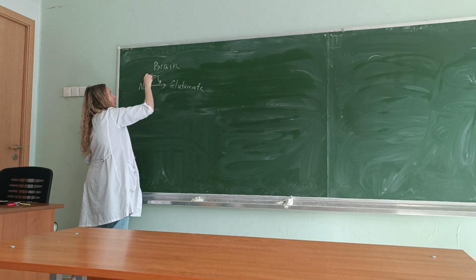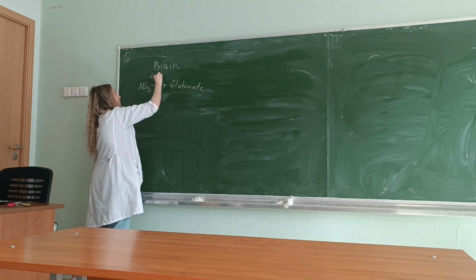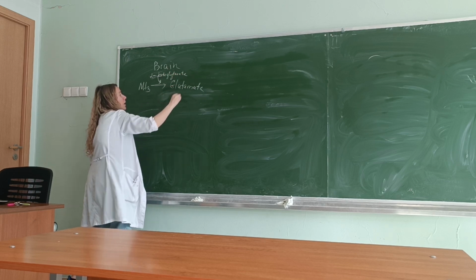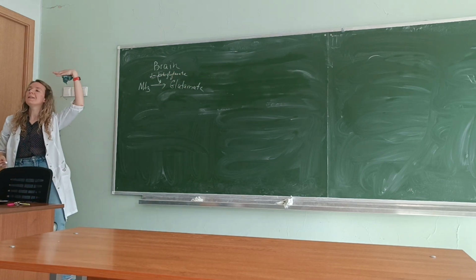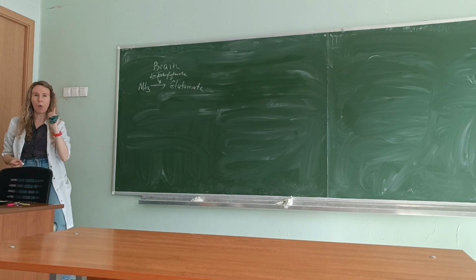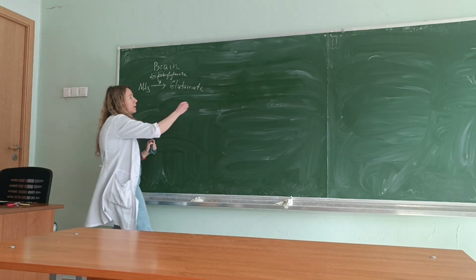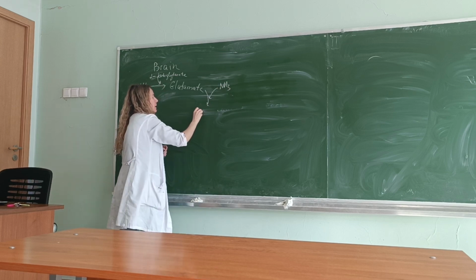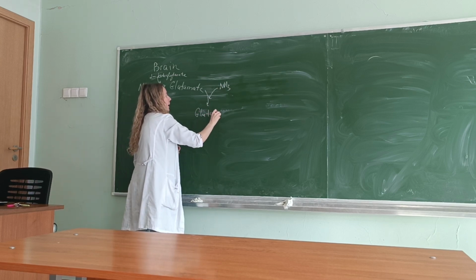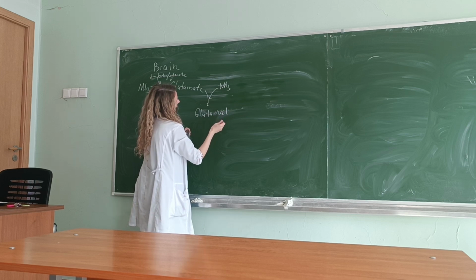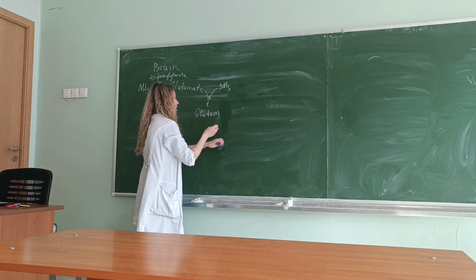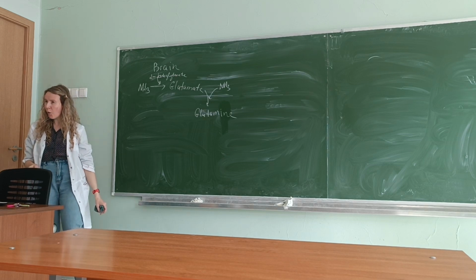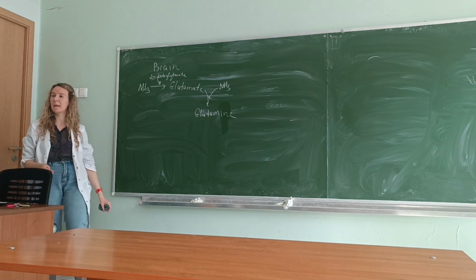Alpha-ketoglutarate will be taken from the Krebs cycle. If the concentration of ammonia is very high, we can add one more ammonia molecule to glutamate, one more ammonia, and form glutamine. Glutamine, this is the amide of glutamate.